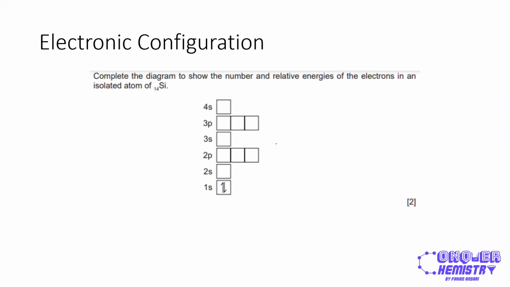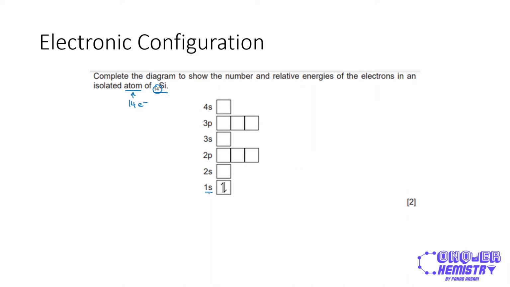So we will sum it up with a past paper example. We have a silicon atom over here. It says: complete the diagram to show the number and relative energies of the electrons in an isolated atom of silicon. It has a proton number of 14. Since it says atom, it means 14 electrons. Now 2 of the electrons have been assigned to the 1s subshell.